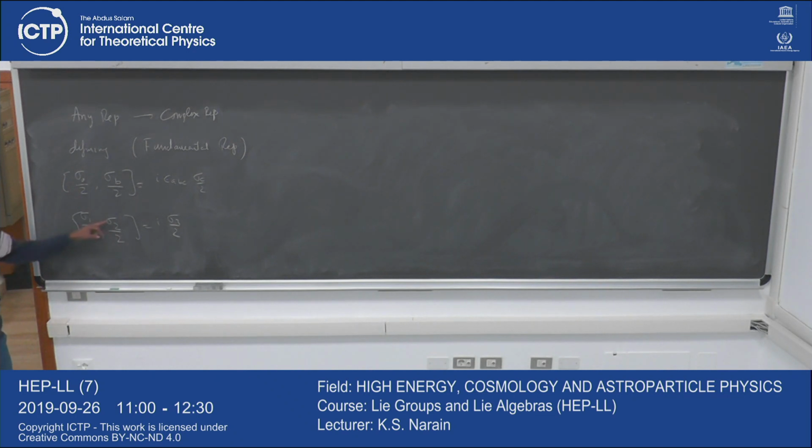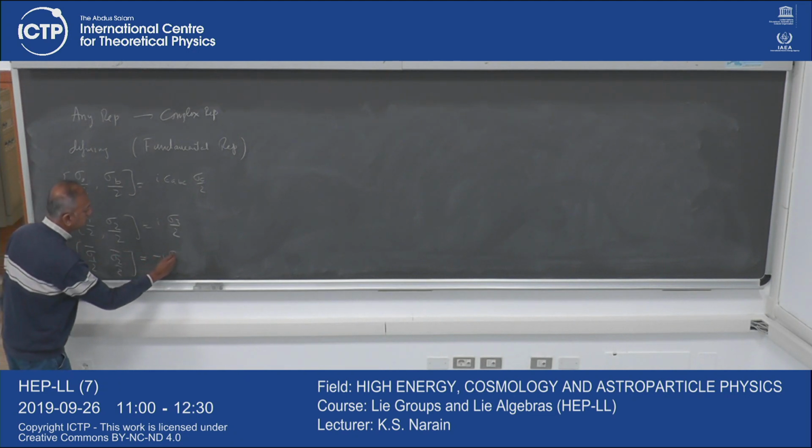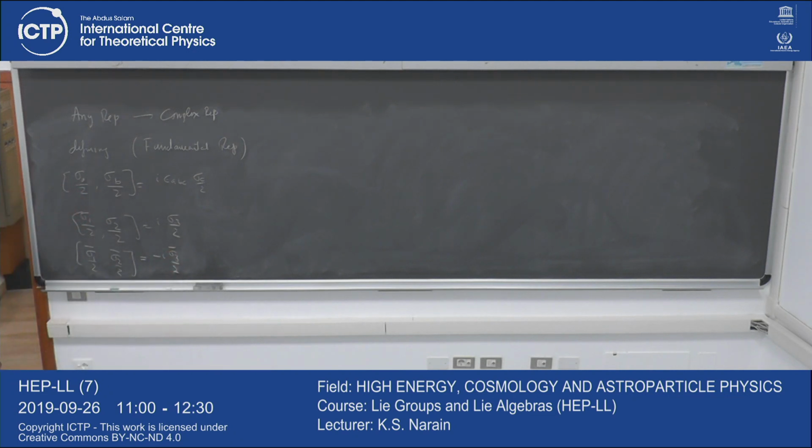Now let's take the complex conjugate of these matrices. So sigma 1 bar by 2, sigma 2 bar by 2, the commutator is going to be minus i sigma 3 bar by 2. It's minus because i, when you take the complex conjugation, is minus i.